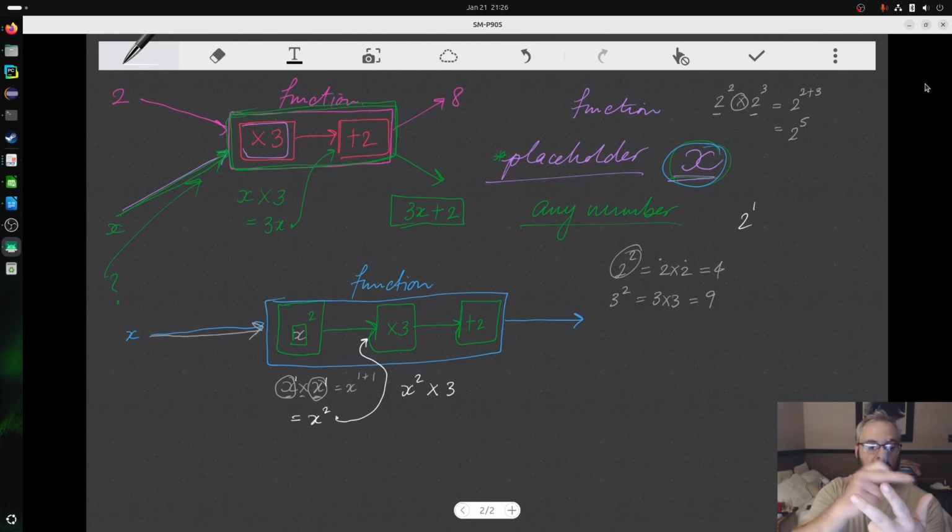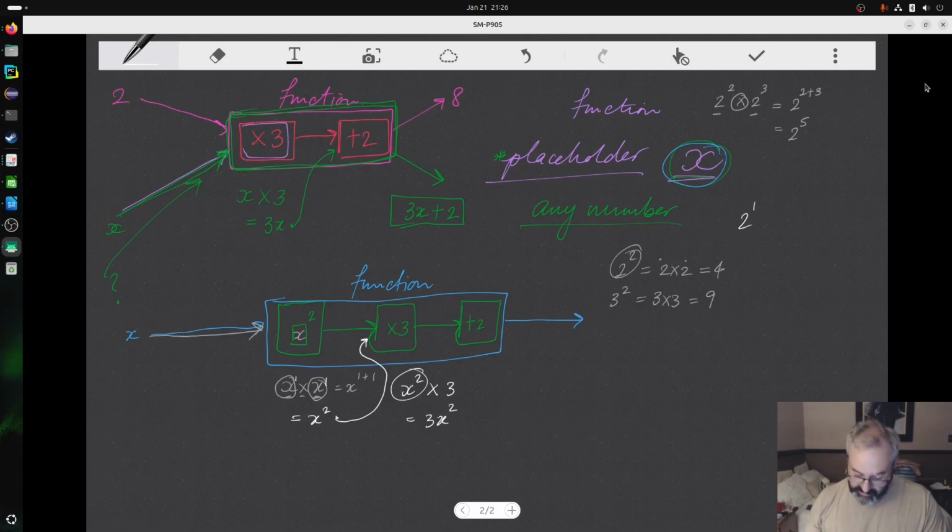If I've got 1 pineapple and I multiply by 3, then I've got 3 pineapples. So you can think about this whole thing as a pineapple, as one thing. I've got 1 x squared and I multiply by 3, so I have 3x squared, that is 3x to the power of 2.